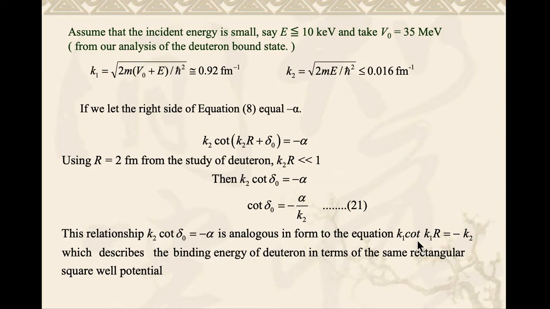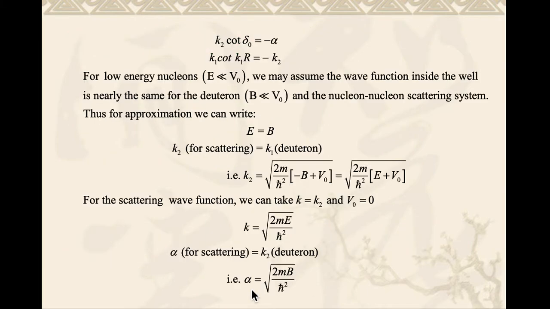Here in place of K1 we have K2, and in place of this K2 we have alpha, both with the minus sign. That is why we have taken this as minus alpha. So K2 cot delta 0 is equal to minus alpha, and K1 cot K1R is equal to minus K2. So the two relations.